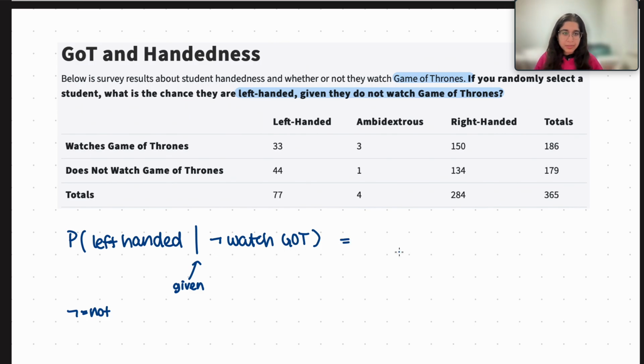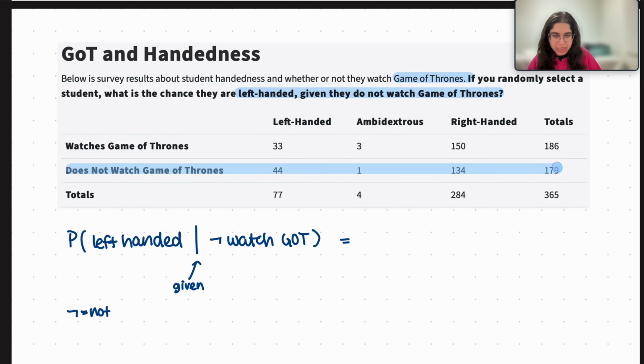So how I'm going to go about doing this question is actually first refer to my given, like the right-hand side of my given symbol, the probability that you're only picking from students who do not watch Game of Thrones. So I have my table over here, and I'm actually just going to be looking at this one row, the students who do not watch Game of Thrones, and I have here a total of 179 students.